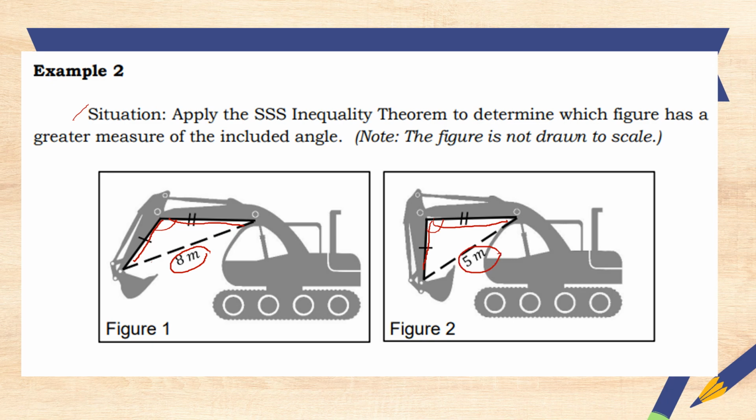Comparing these two sides, 8 cm is greater than 5 cm. Since 8 is greater than 5 cm, therefore the angle opposite to the side that measures 8 is greater than the angle opposite to the side of 5 cm. So which figure has the greater measure of the included angle? It is figure 2.